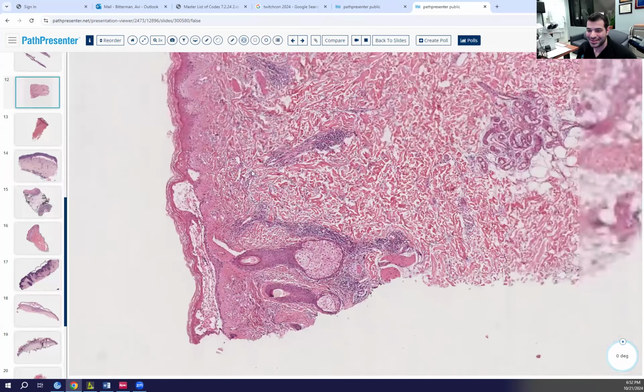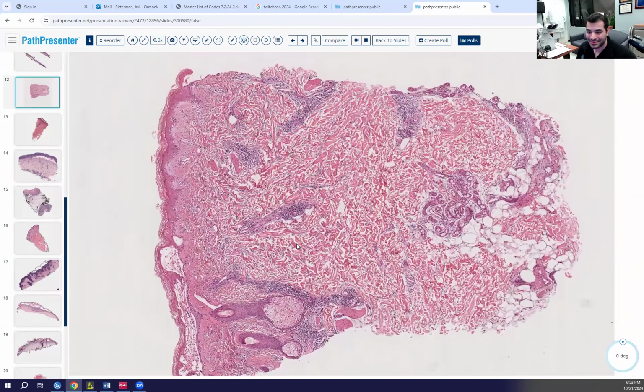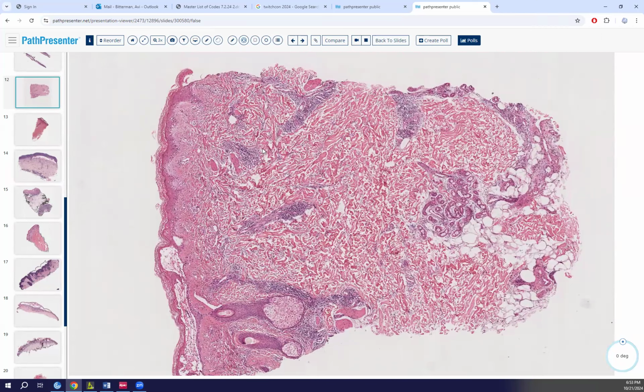So what do we think is causing this bulla? Lupus. And why lupus? You see a superficial and deep perivascular infiltrate.